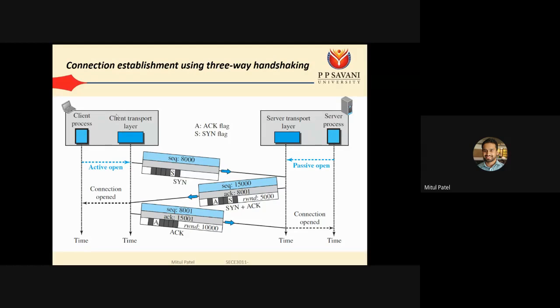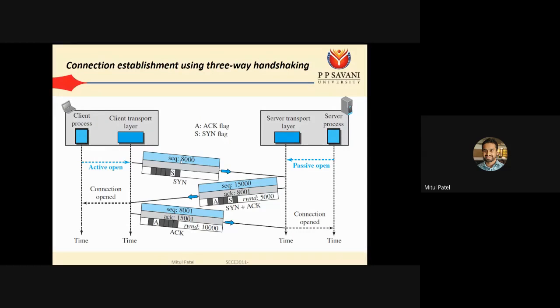Okay, so if the client transport layer has some connection request, what it will do is create one packet, or one segment, in which it will set one sequence number, that is the initial sequence number. We have seen that for the first segment we have the initial sequence number.